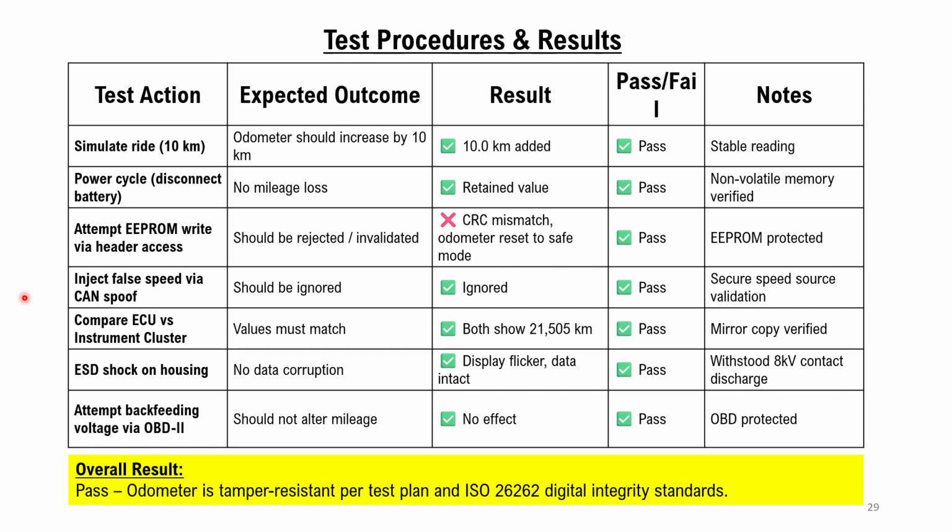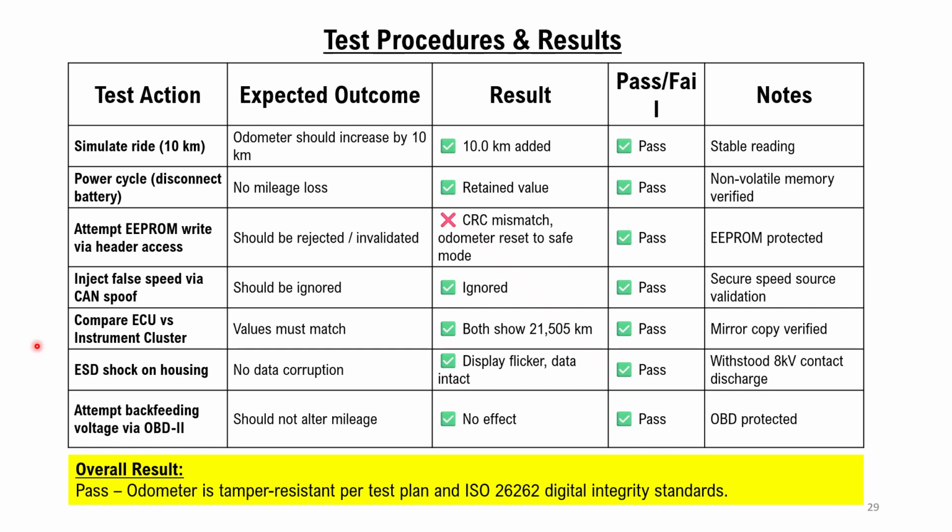Injecting false speed via CAN spoof should be ignored by the system. If it is ignored, the speedometer is considered passed. It is fully protected against tampering. Compare ECU versus instrument cluster values; they must match and both show the actual and correct values, for example 21,505 kilometers.